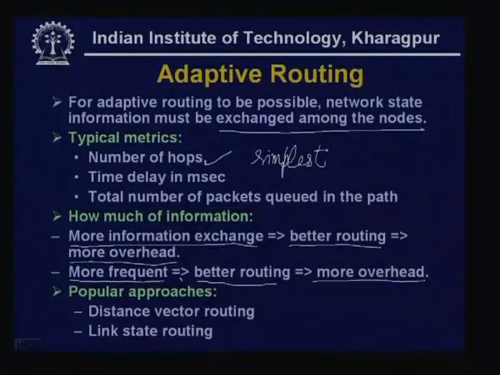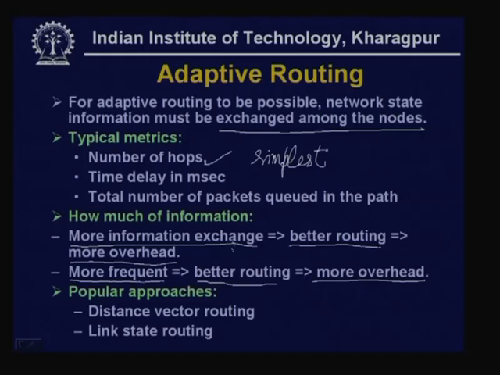On the other hand, if the information gathering takes place after a large interval, then the routing that is being done based on the information may not be very relevant. By the time that information is used for routing, the network parameter may change. So, the more frequent it is, the better, but it increases the overhead.